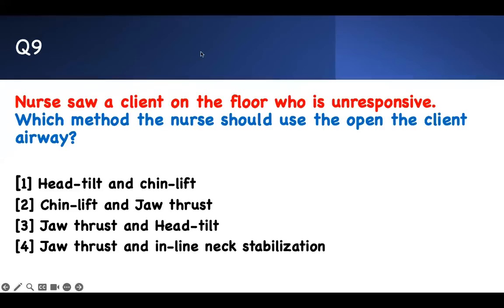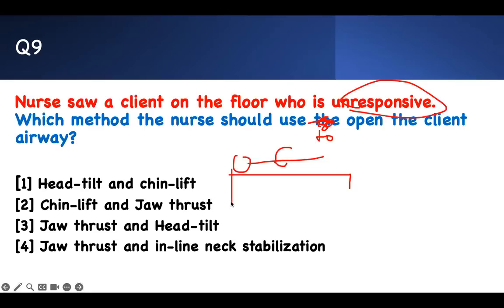Number 9. A nurse saw a client on the floor who is unresponsive. Which method should the nurse use to open the client's airway? So you went in, this client is lying on the floor like that. He's not supposed to be on the floor. How will you open his airway? You have to think. When you left the client, he was probably sitting on his bed. If he's on the floor, he has fallen.